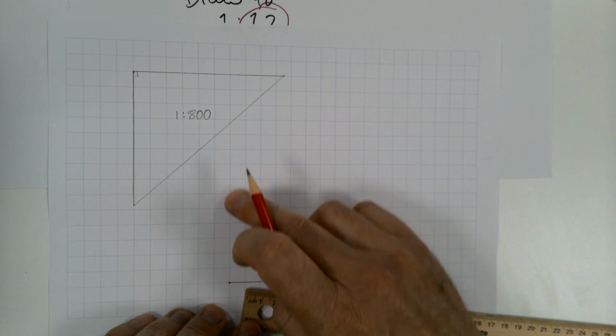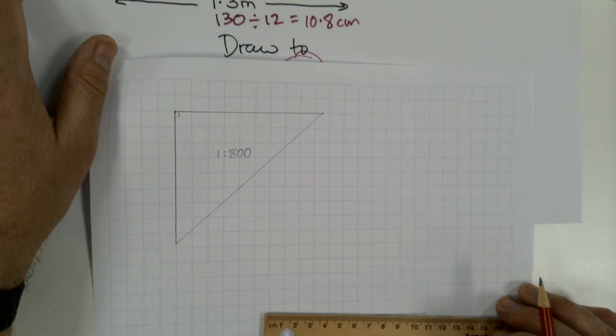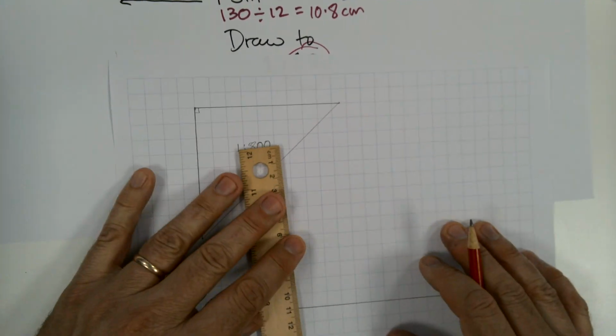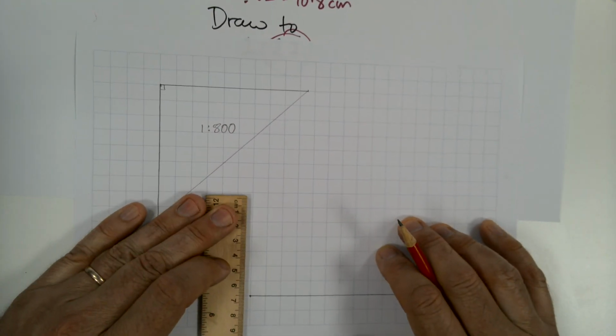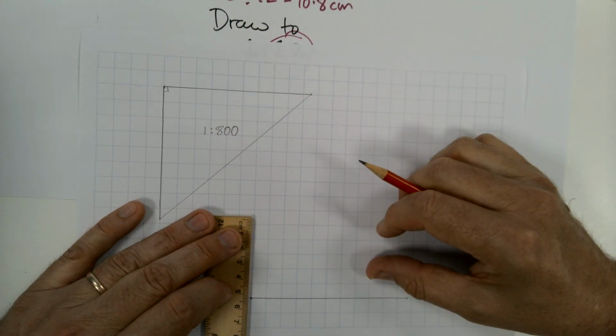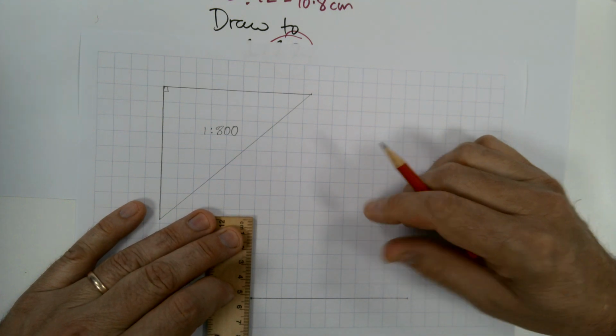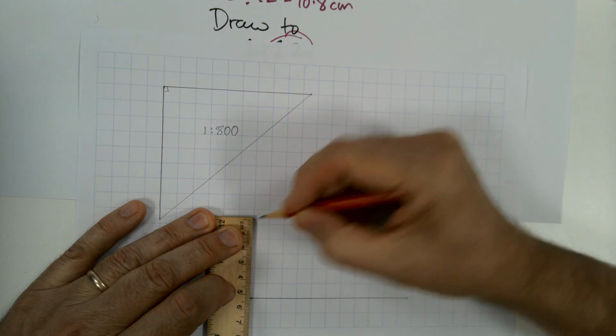Then I've got a right angle going up. How far? I've got 5.4 centimeters going up this side. That's about there.